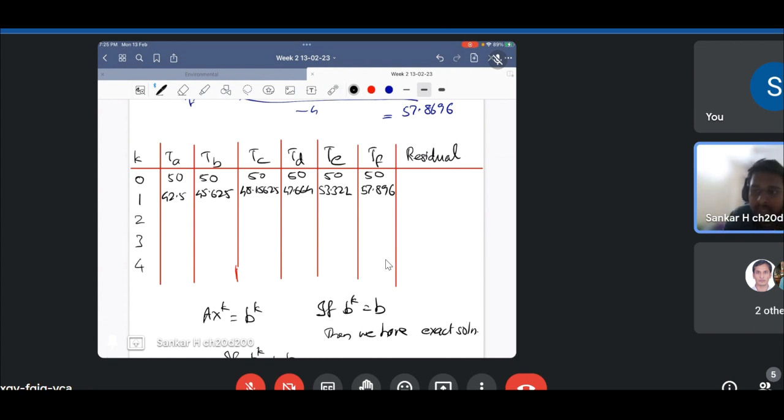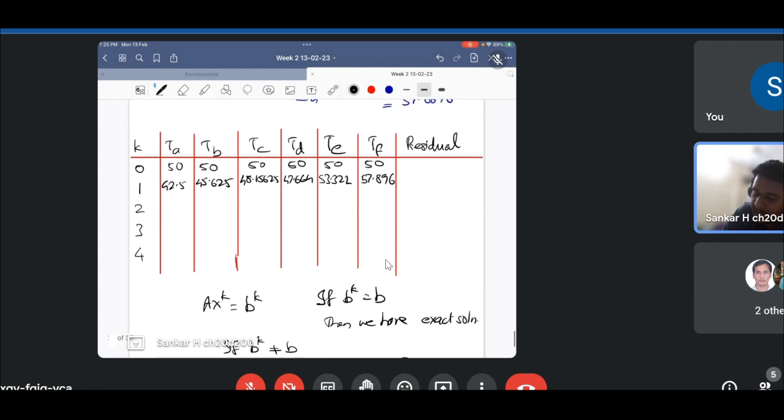I'll give you the next 20 minutes to figure out TA, TB, TC, TD, TE, TF at the second, third, and fourth iterations, and similarly also to write down the value of the residual at each iteration.